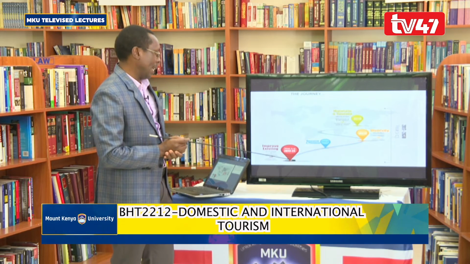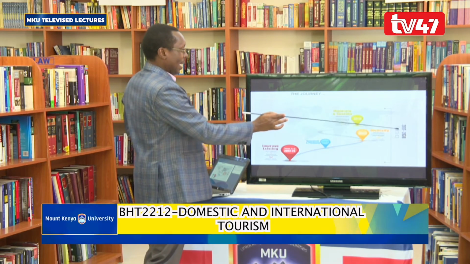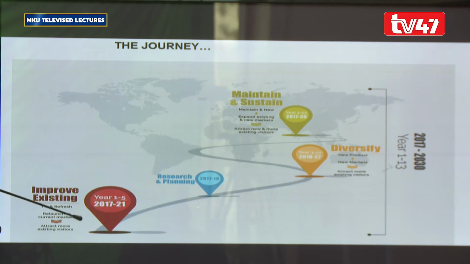So we have a journey then as a country in terms of developing both the domestic and international market. And in this diagram, we can see that we have a suggestion on how we can develop both the domestic and the international market. And we are saying we can improve the existing tourism product.